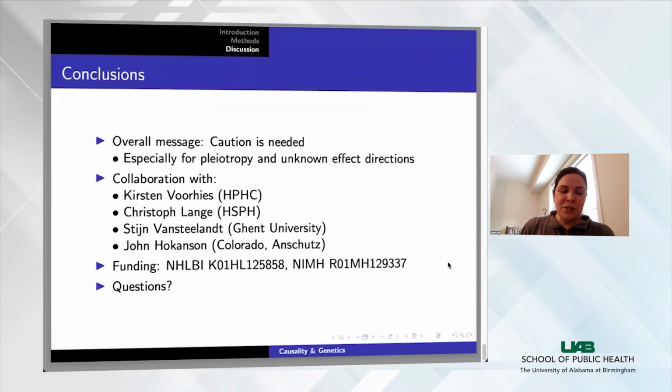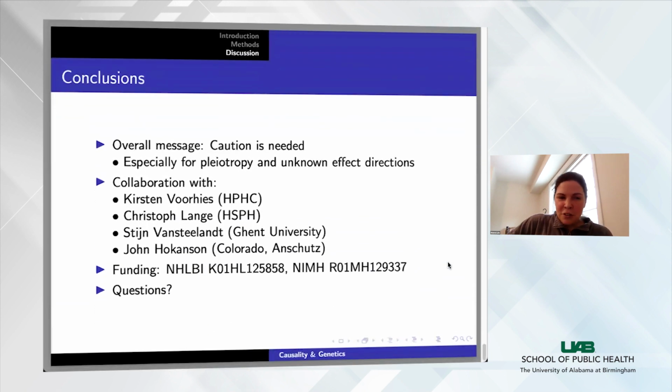So the conclusion from the 4 different papers we were highlighting and the different approaches is that caution is needed. I feel like it's always good to be cautious, but especially when you're trying to think about causation instead of associations, there are additional assumptions being made, and especially in our genetic association studies, these are assumptions that maybe are not testable.